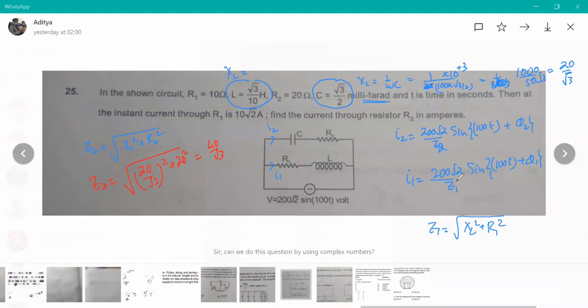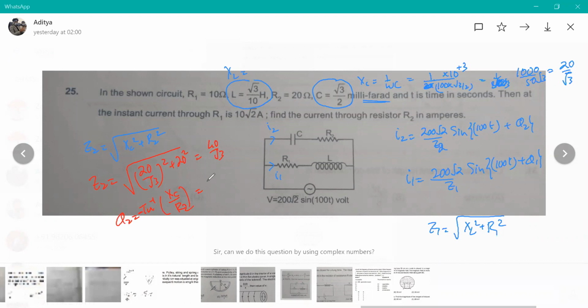If you just simply solve like this, you can see your phi 2 is minus of tan inverse of XC by R2.